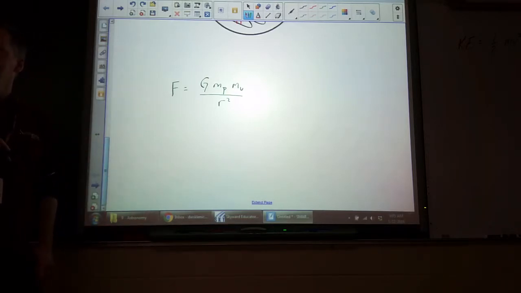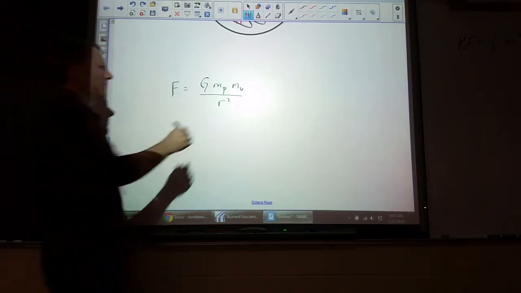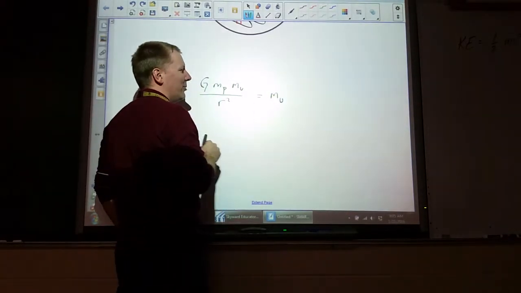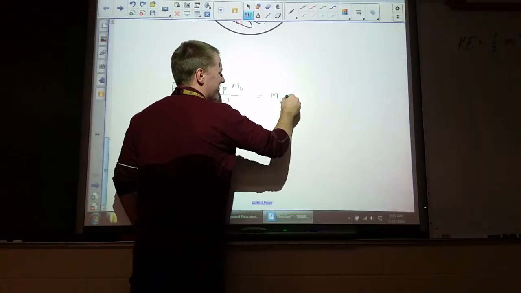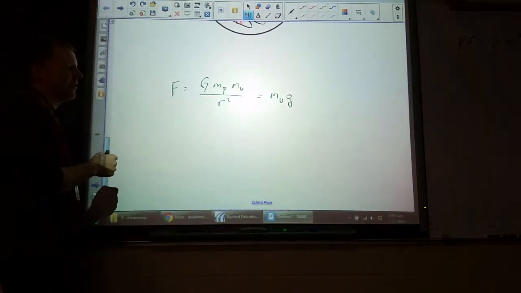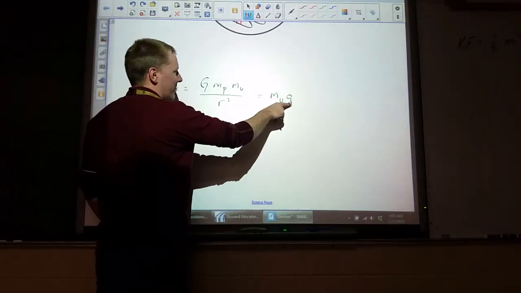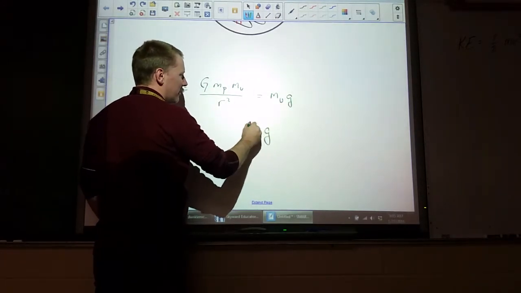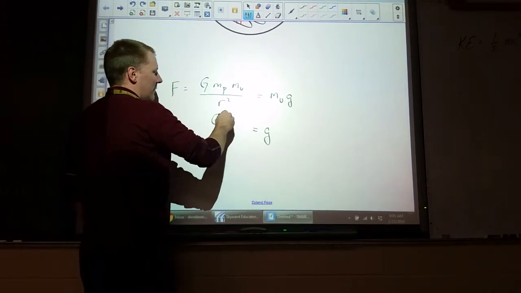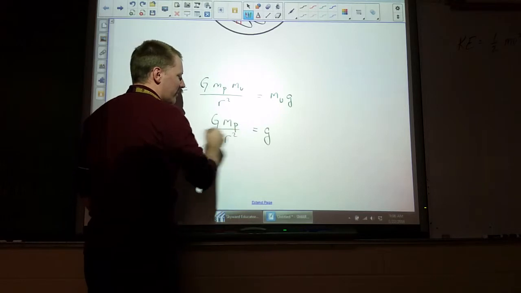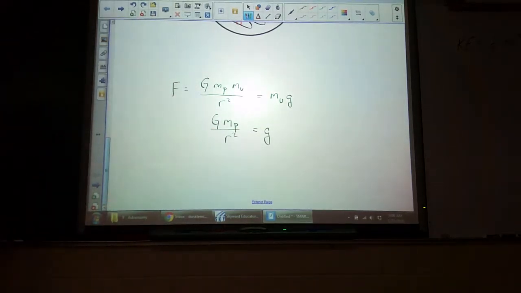Force equals mass times acceleration, so your mass, M_you, times the acceleration of gravity, A or g. And then you could divide both sides. The M_you is the same on both, so that leaves g to be the rest. So the mass of the planet divided by the radius of the planet squared, times G, gives you the acceleration.